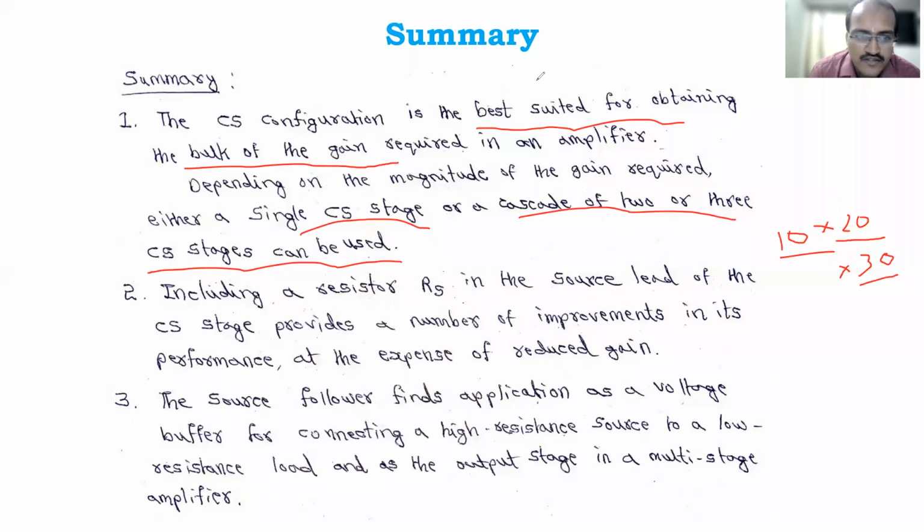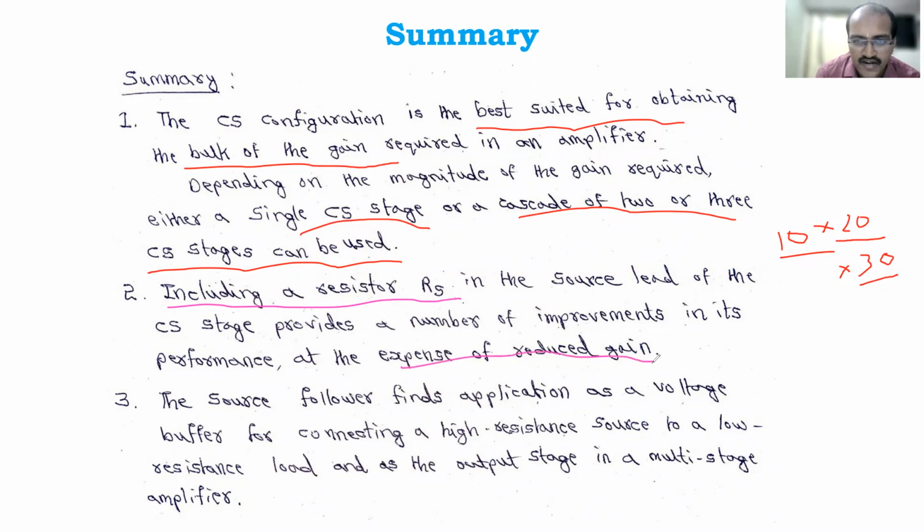Then for the same configuration, including a resistor RS in the source lead of the common source stage provides a number of improvements in its performance that we have observed, right? What are the improvements we have seen? But what is the disadvantage? At the expense of reduced gain.